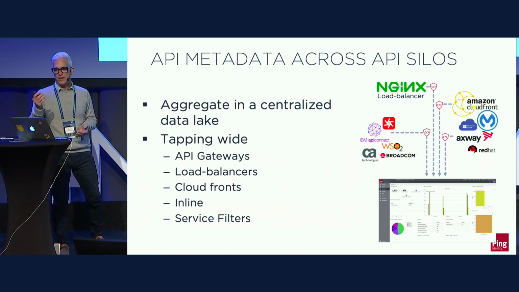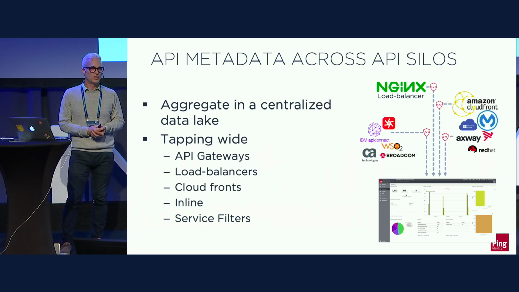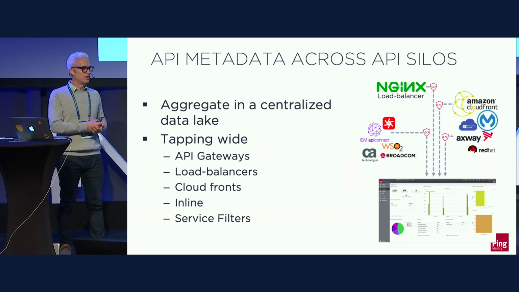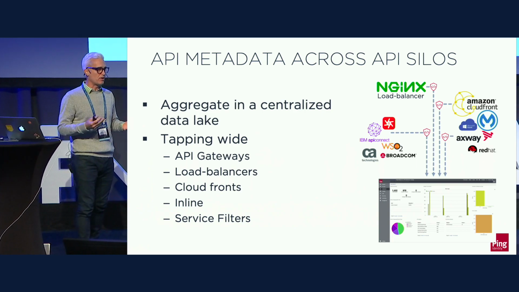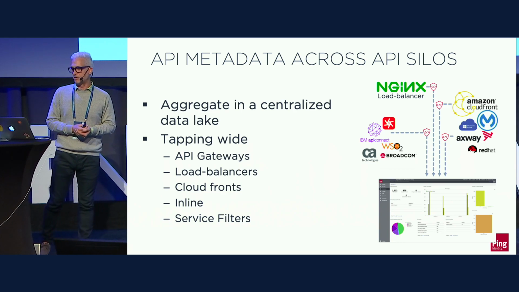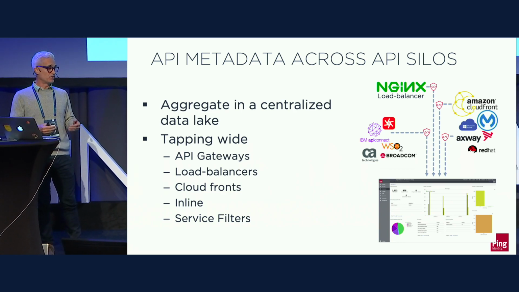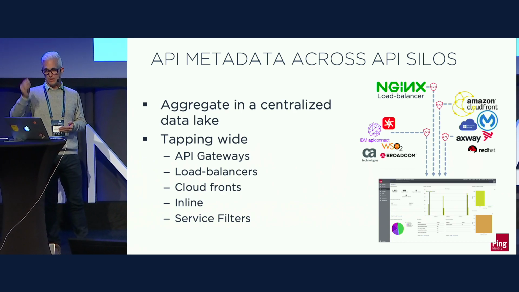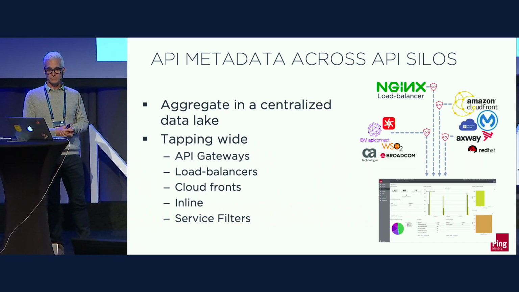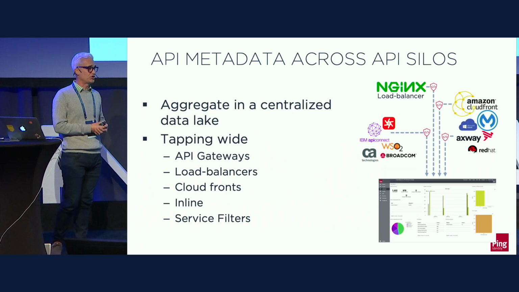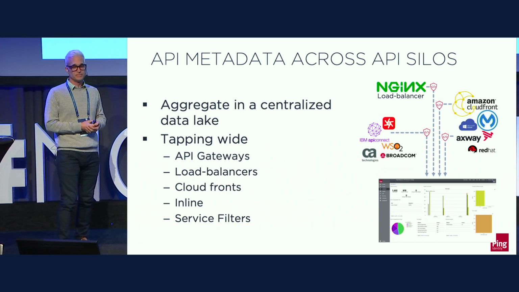You can hook it up to a load balancer like Nginx. You can tap on a CloudFront, like an Amazon CloudFront or an Azure. So you can tap wide that way. You can even deploy that inline and look at the traffic going through. You can attach it as a service filter.